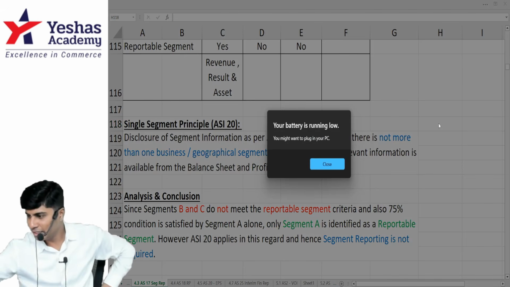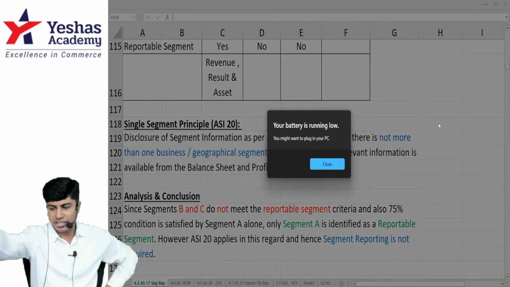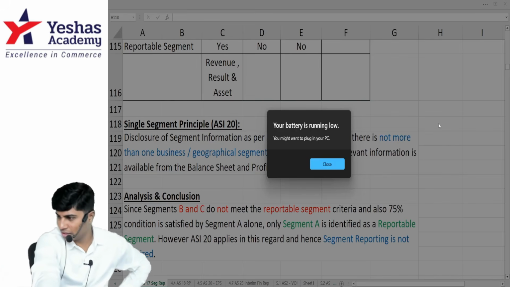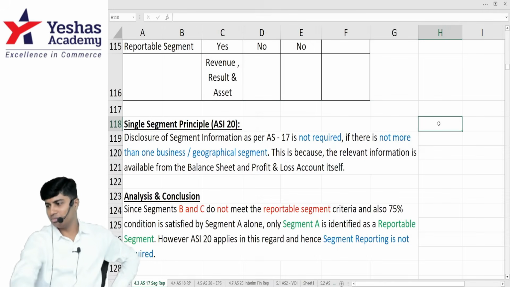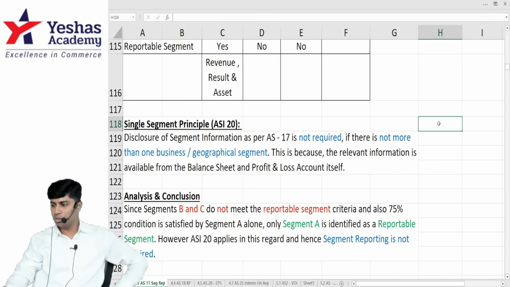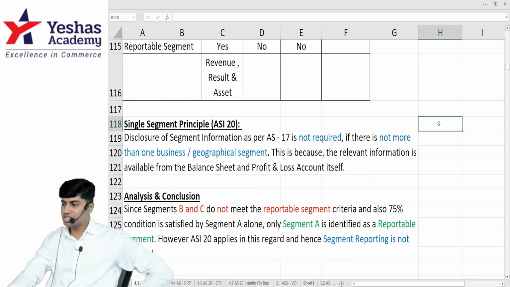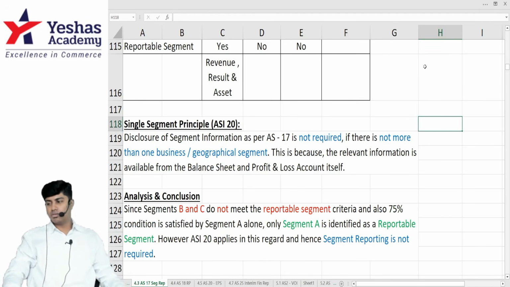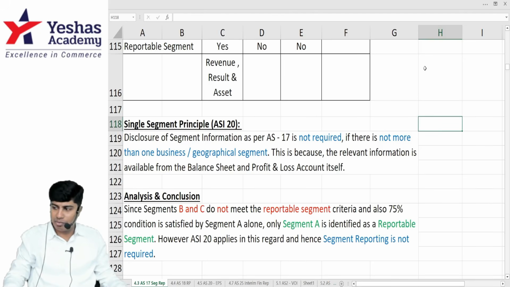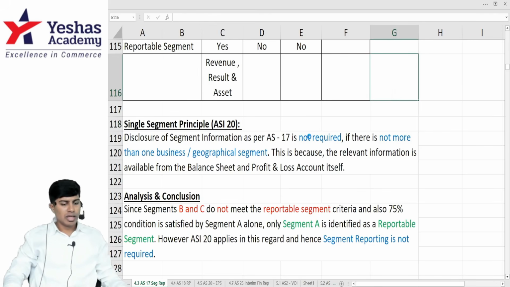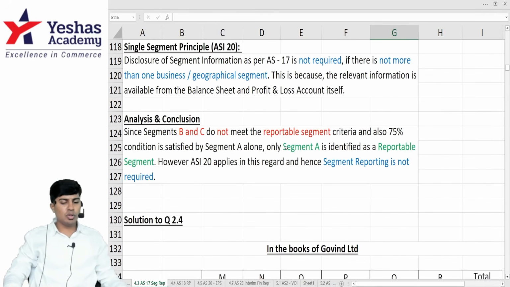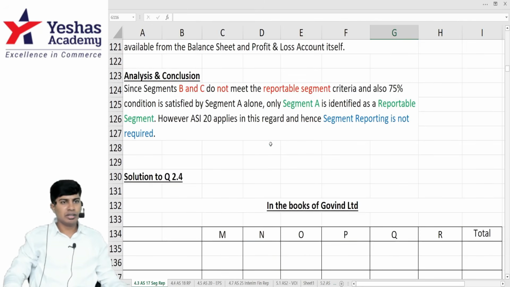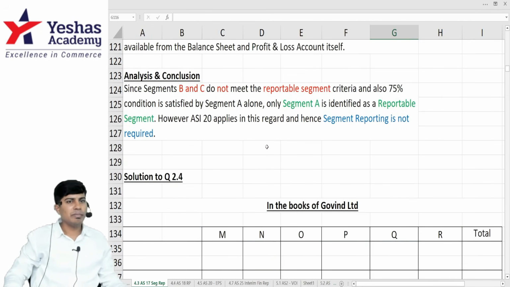Did you understand? Sir, if there is additional information related to the continuity concept, then do we consider preparing a reportable segment? Yes, in that case we'll do segment reporting. If they give, based on the continuity principle, any other segment as reportable, then based on that we will do segment reporting. Everybody, are you with me? Can I go to 2.4? Did you finish writing the conclusion? Make some noise.